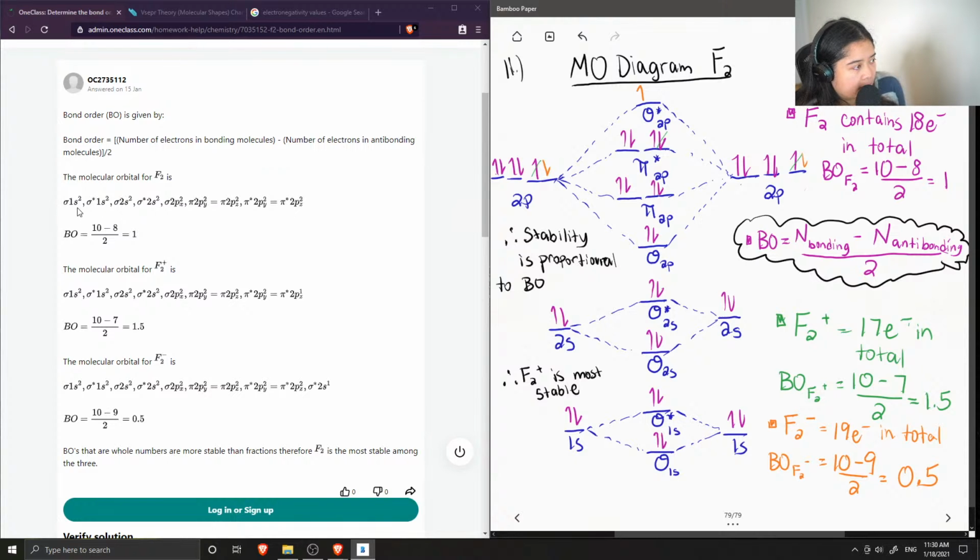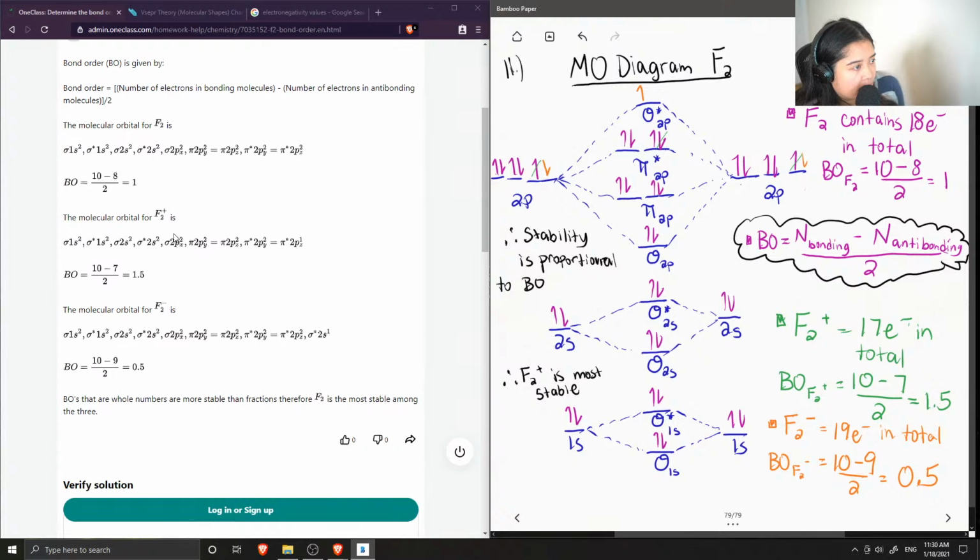So you can see it's sigma 1s, sigma 1s star, sigma 2s, sigma star 2s, and so on. And then they showed that there are the... Yep, so this is right.